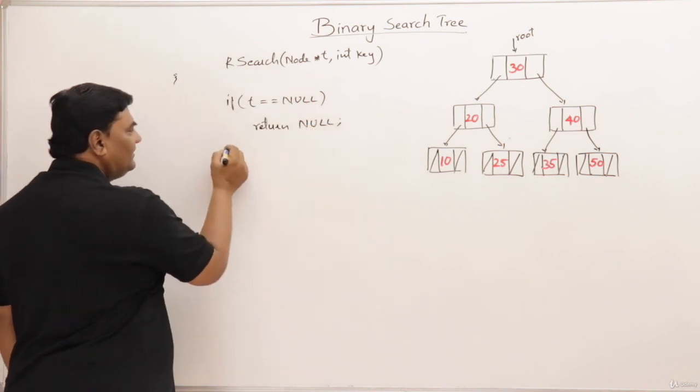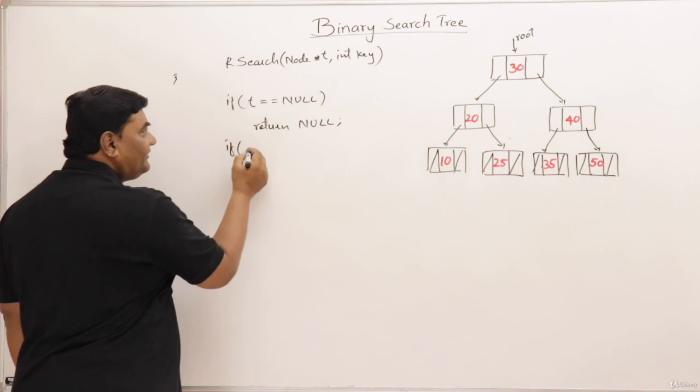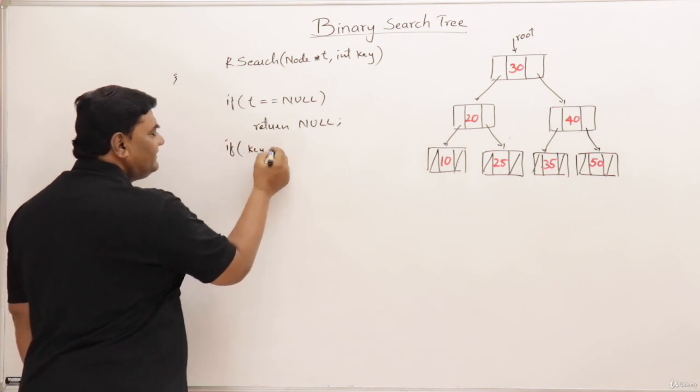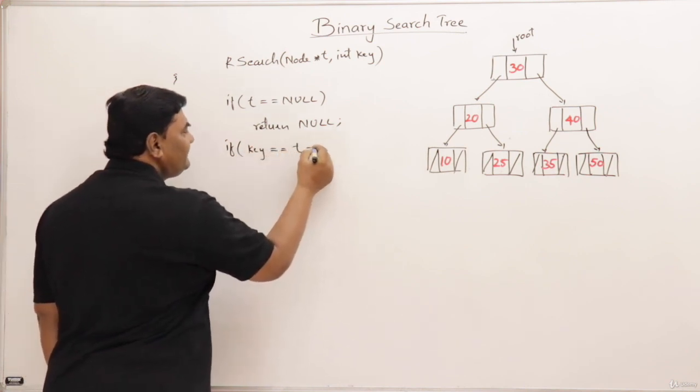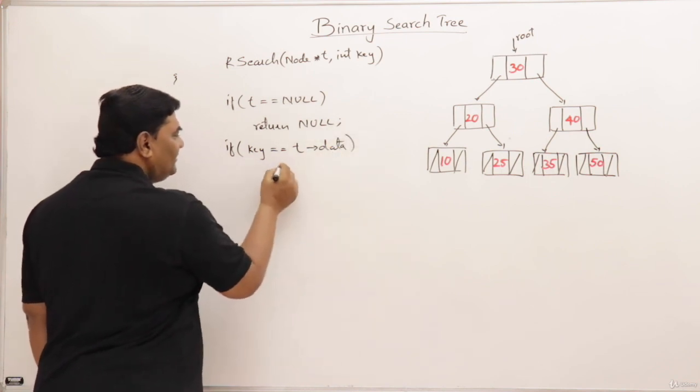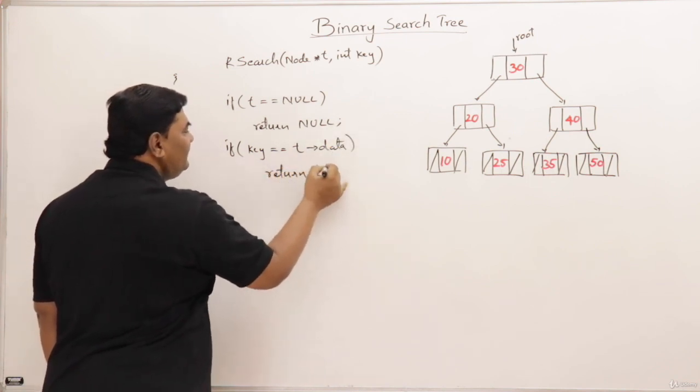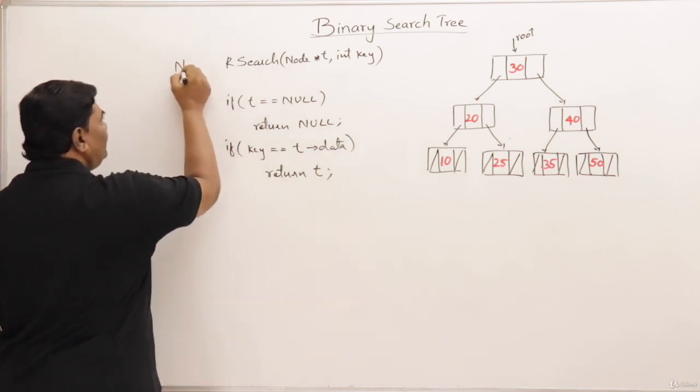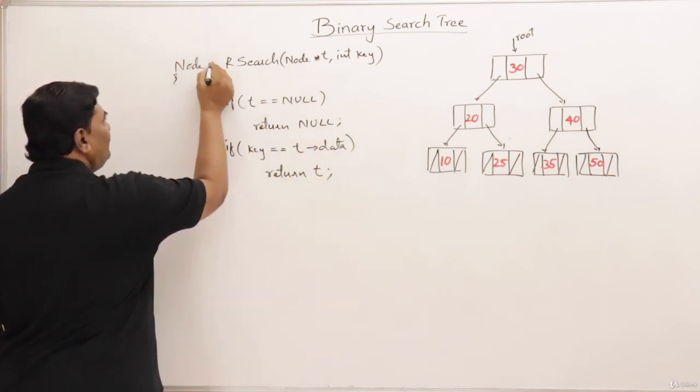Otherwise, compare. If key is equal to t's data, if it is matching, then the key is found. Then return t. So it should return a pointer to a node in which that key is found.